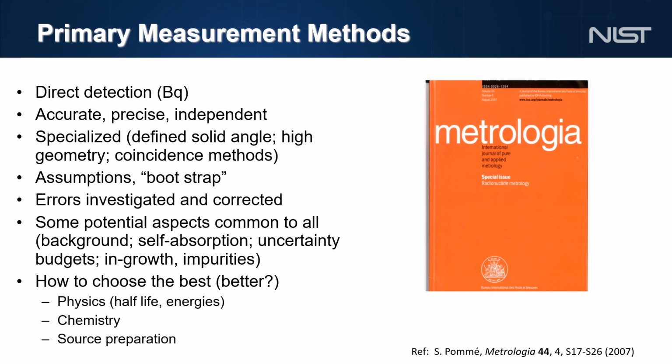Background, impurities, dead time when too much signal pauses counting, self-absorption of the sample, and ingrowth from the radionuclide being counted or by impurities are all important. Uncertainty budgets must take all of these into account. Choosing the best or even simply a better method also depends on how the source was prepared initially.